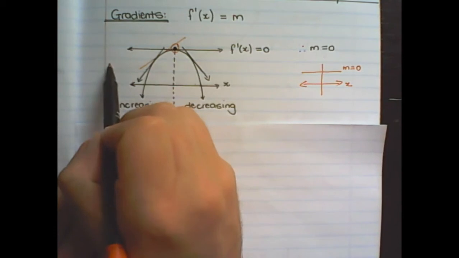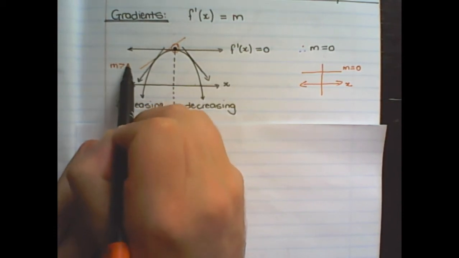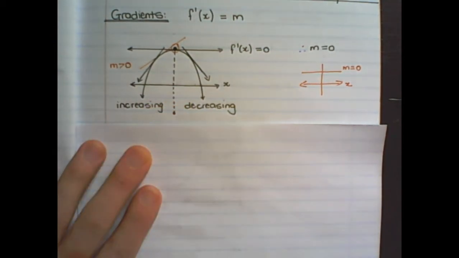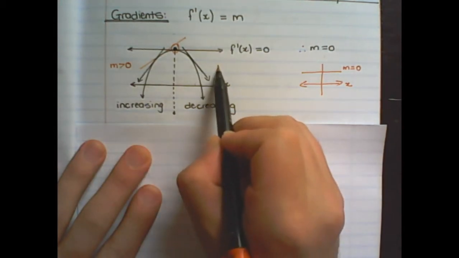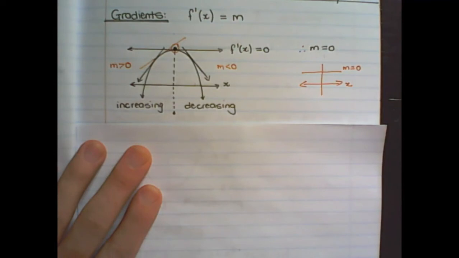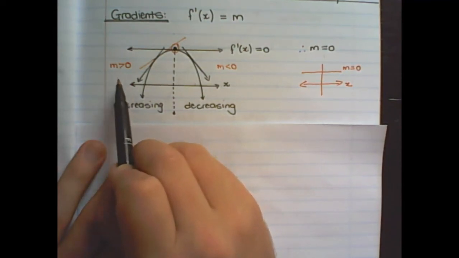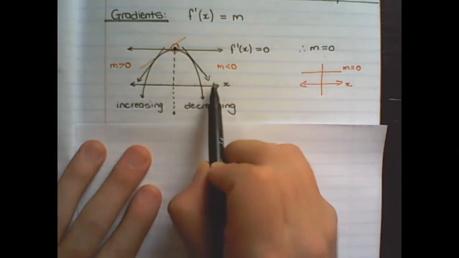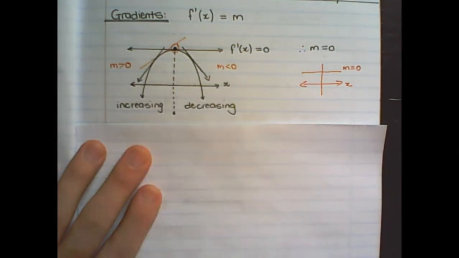And an increasing gradient is a gradient that is bigger than 0, and a decreasing gradient is a gradient that is smaller than 0. You can also say an increasing gradient is a positive value, and a decreasing gradient is a negative value.